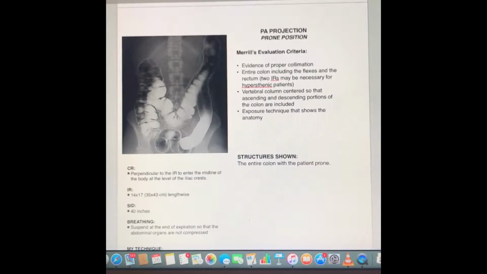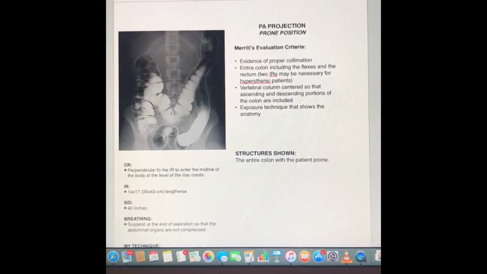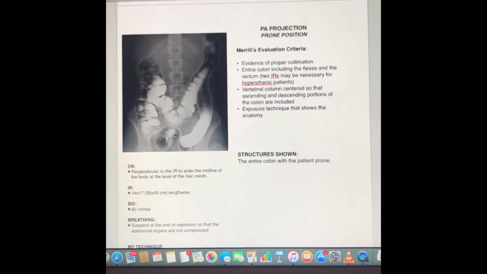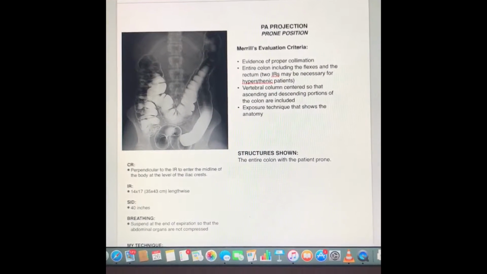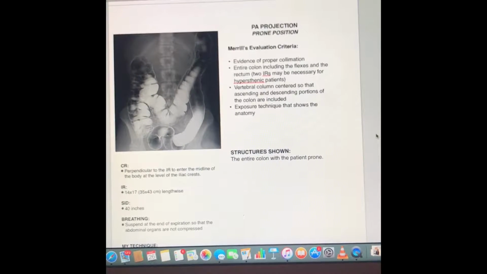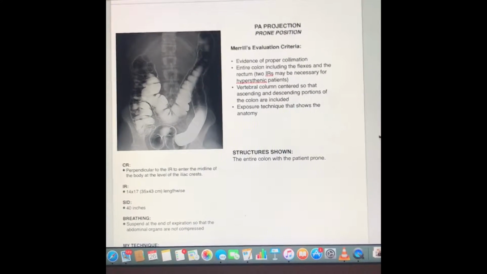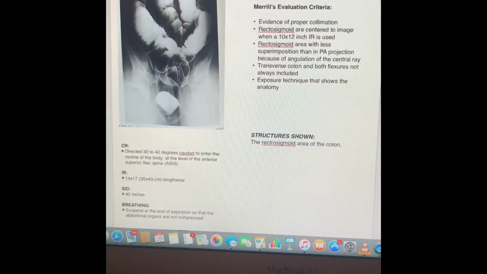CR for this image is perpendicular to the IR to enter the midline of the body at the level of the iliac crest. IR 14 by 17 lengthwise, SID 40 inches. Breathing suspended at the end of expiration so that the abdominal organs are not compressed. My technique was 120 at 20, and I shielded my patient.